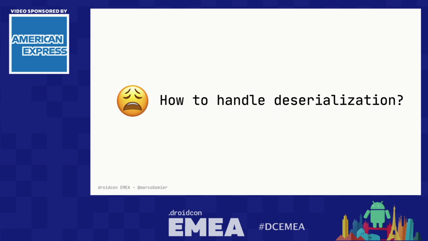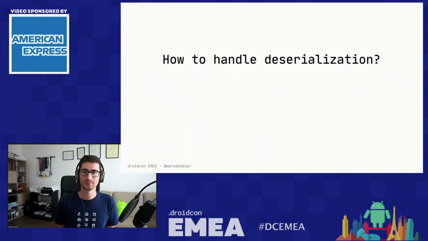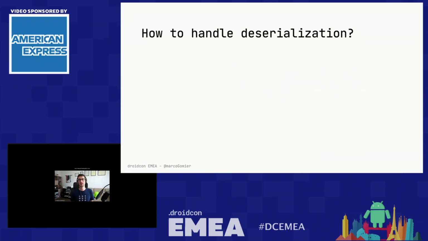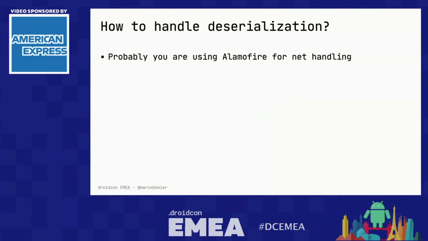Because on Android, for example, if we are using JSON, for example, but on iOS, no. And on iOS, you are probably using Alamofire for the network calls, that is the equivalent of Retrofit.